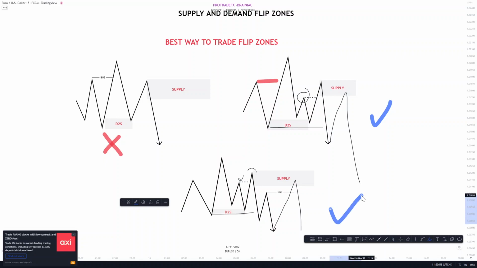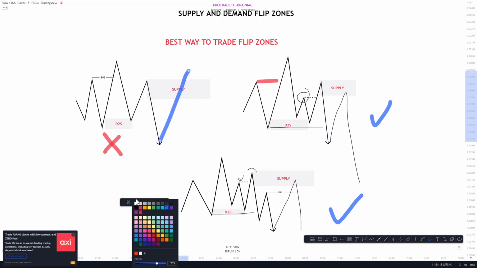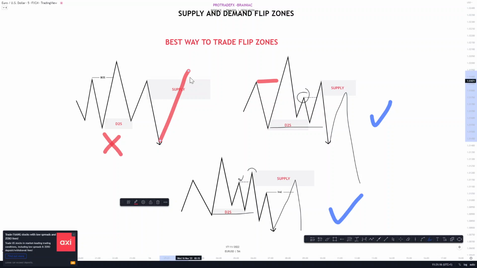So if you ask me as a trader, which of these models will I prefer to trade? I wouldn't prefer to trade the first one, because there is no inducement and there is no liquidity grab before the demand fails. Because in this case, price can trade higher like this and take you out of your positions before the major sell.